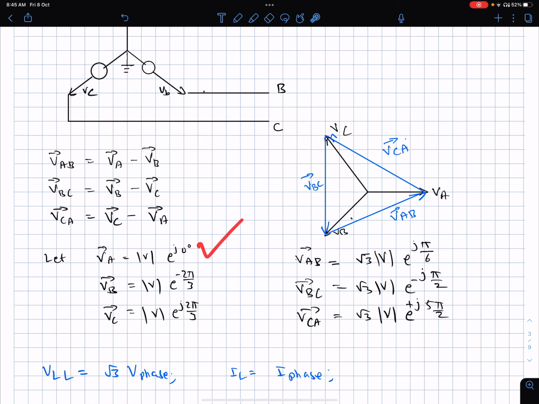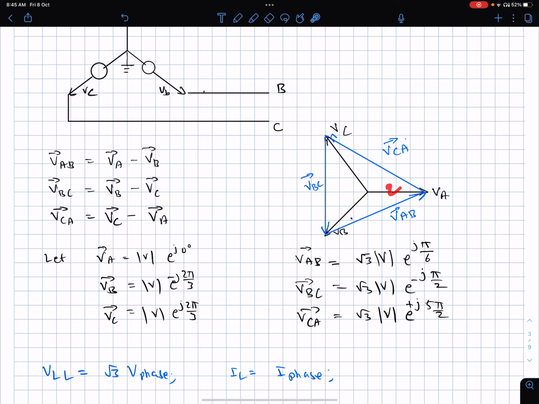The VA is taken in our case as a reference phasor, so I have drawn the VA here. VB is 120 degrees apart, so written as V times e to the power minus j 2 pi by 3, and VC is V times e to the power j 2 pi by 3.